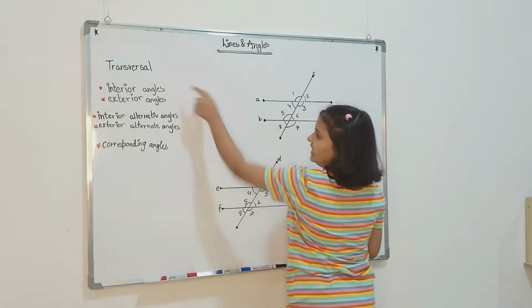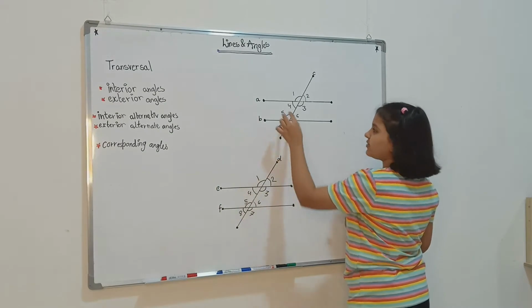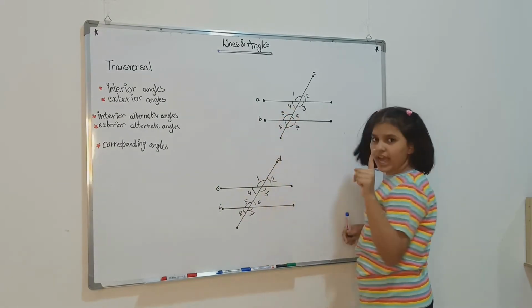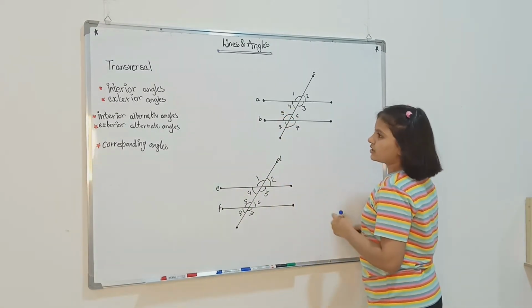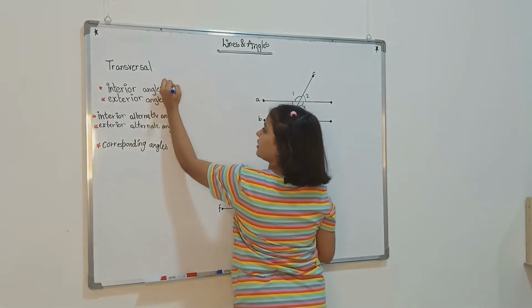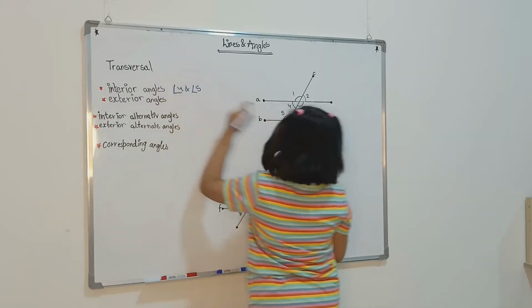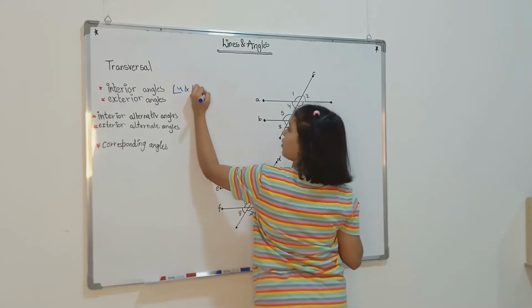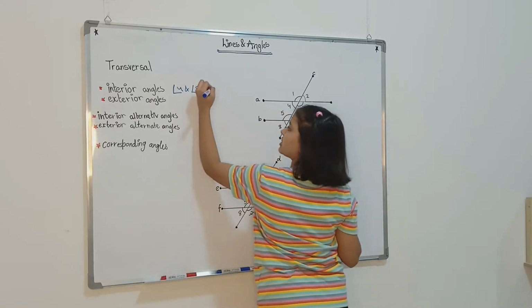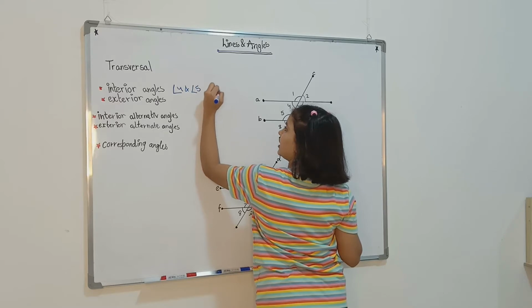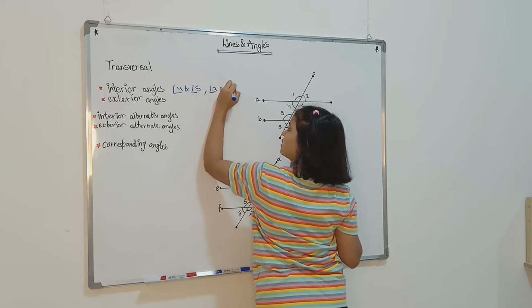First, interior angles. Angles which are on the inner side of the two lines are known as interior angles. For example, angle 4 and angle 5, angle 3 and angle 6.